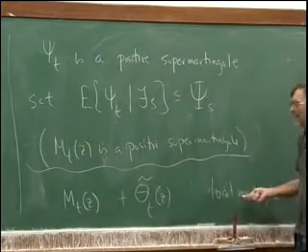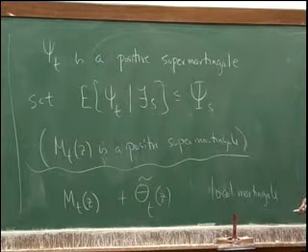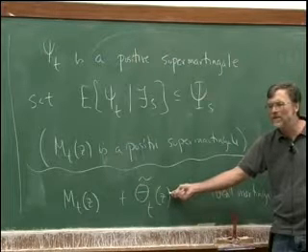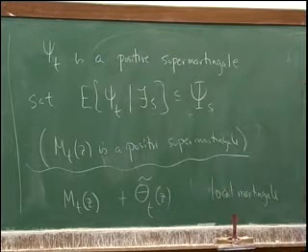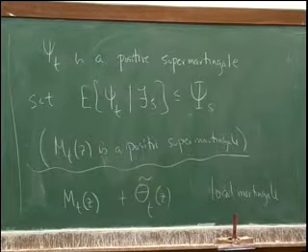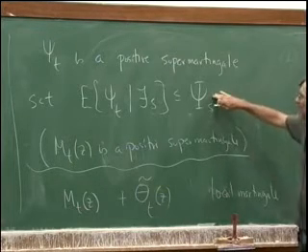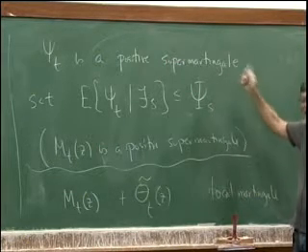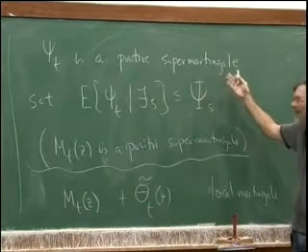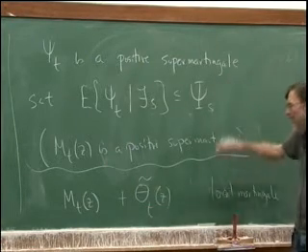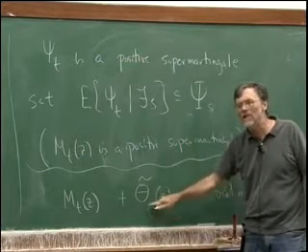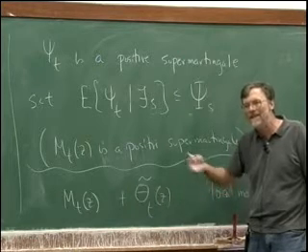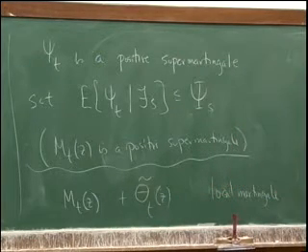So just because you have a positive supermartingale doesn't mean that there's a non-trivial thing you can add to it. And so in some sense, what we've got to show is that psi is not just a positive supermartingale, but not a local martingale. That is, when you compensate it to make it a local martingale, you actually get something non-trivial. And that's the technical detail that needs to be handled.